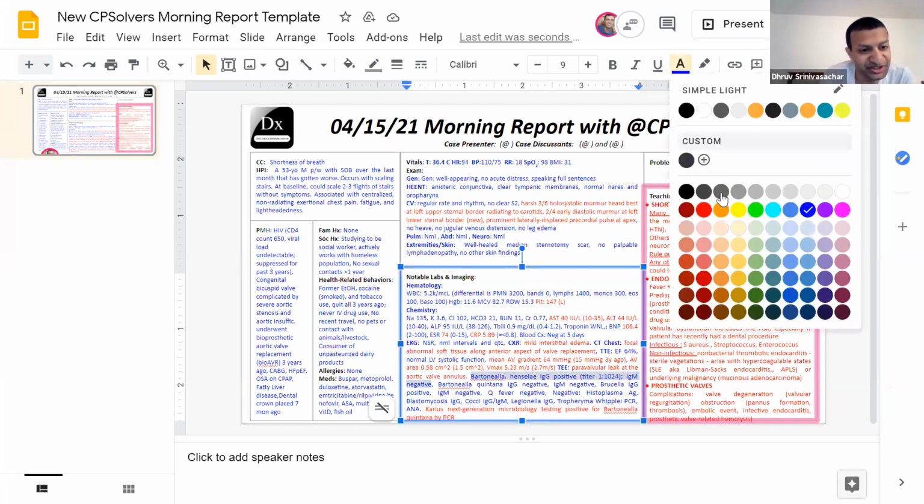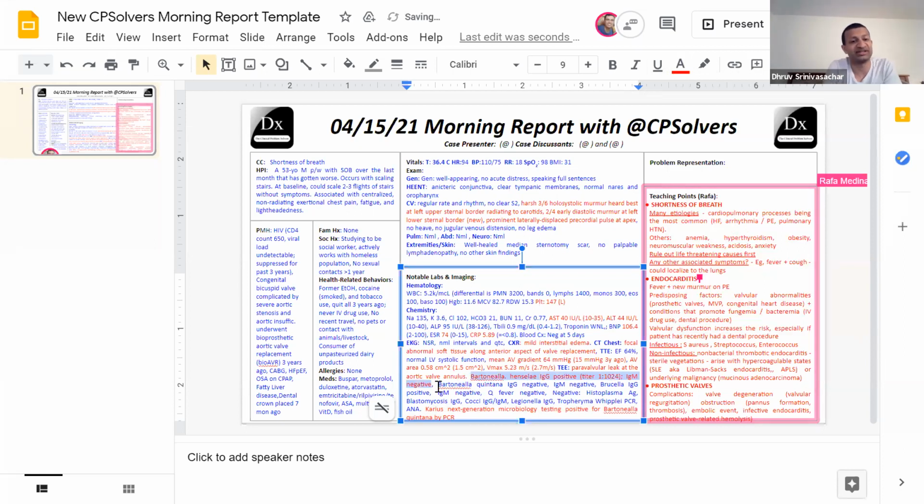The key risk factors for Bartonella quintana endocarditis do include exposure to populations that are unhoused or being unhoused, as in this patient, body lice, and alcohol use disorder.